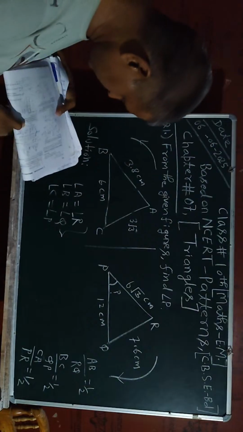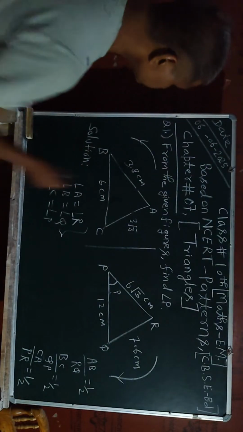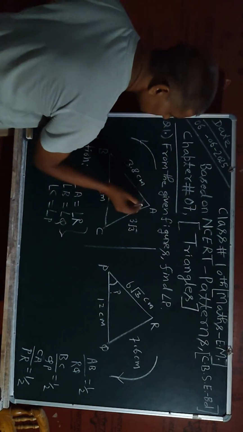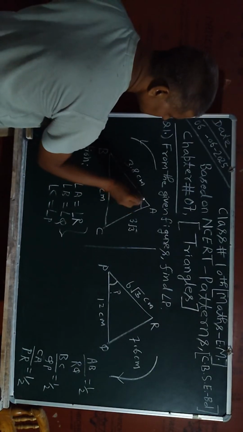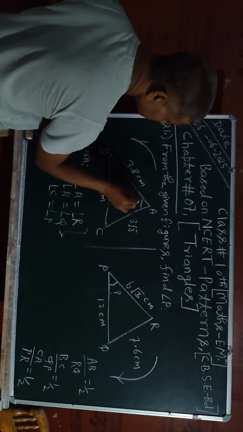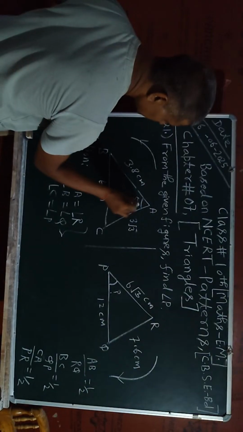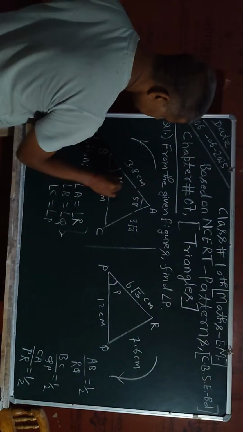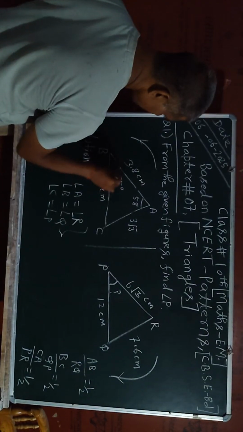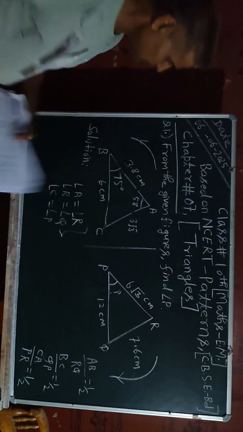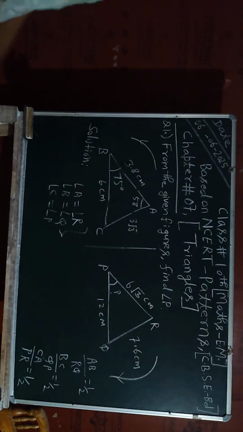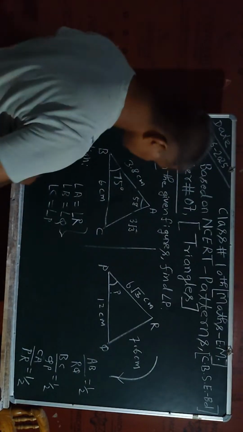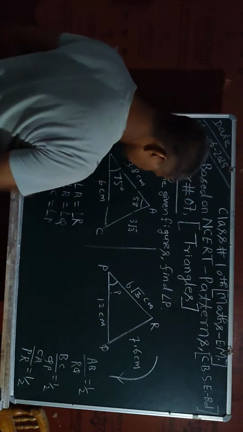Suppose that one angle will be 58 degrees, and the other is 75 degrees. So I will take angle C. So here I will say both angles are similar.